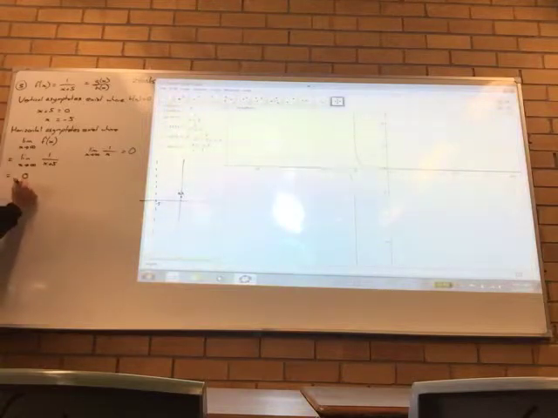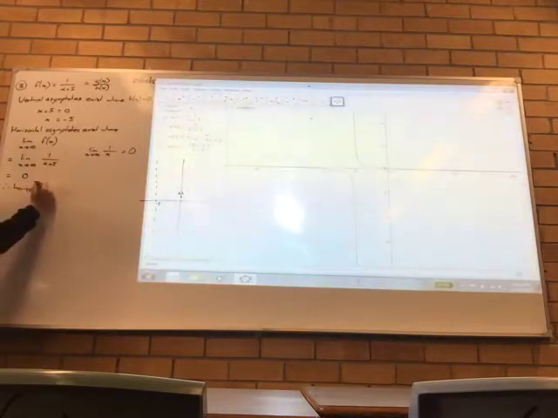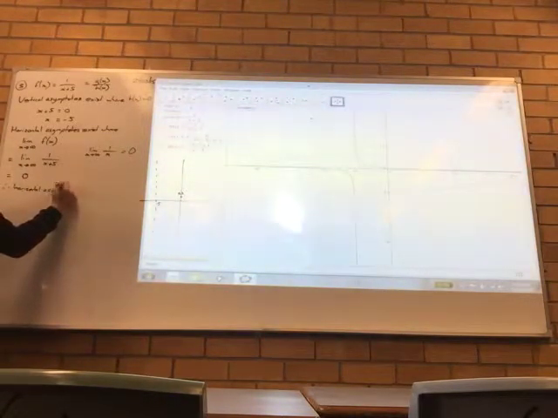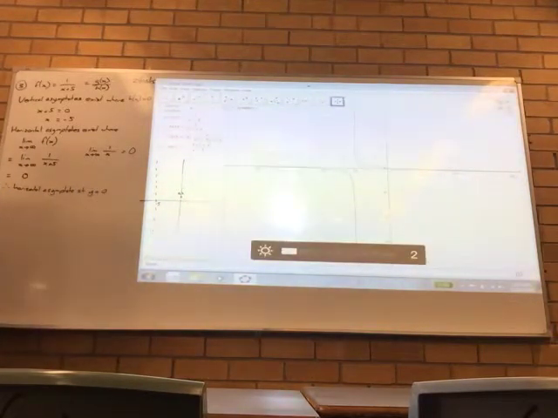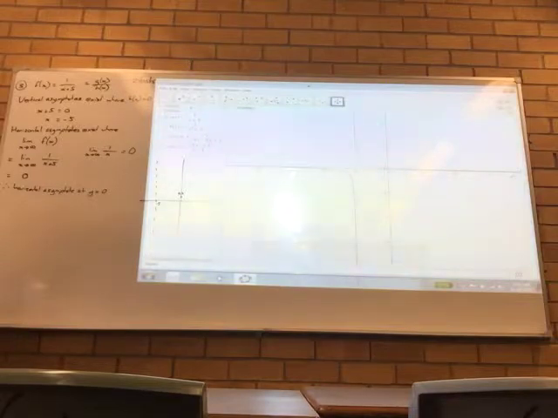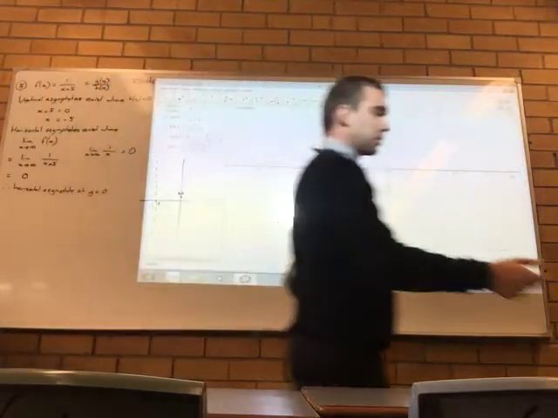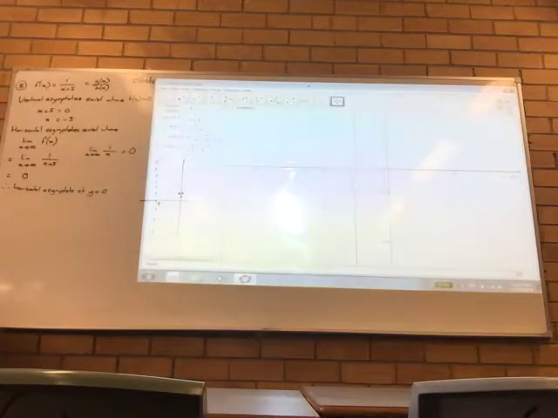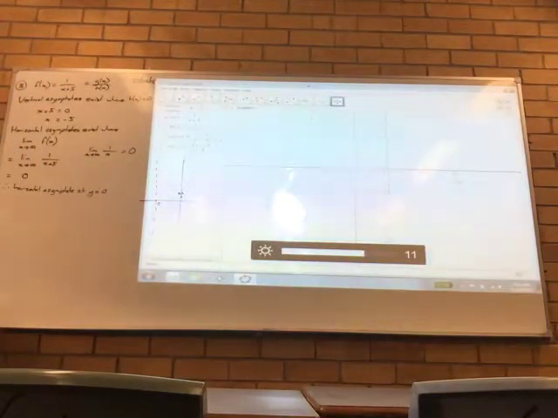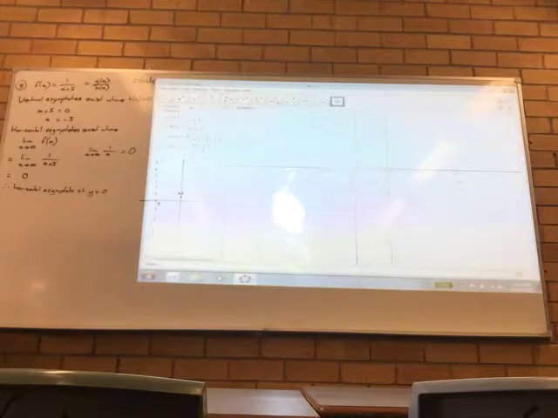So the horizontal asymptote is at the y value 0. And then from that we'll be able to do our domain and range.